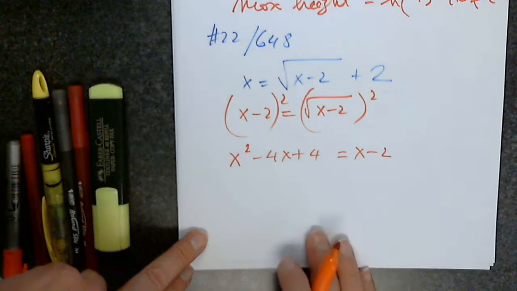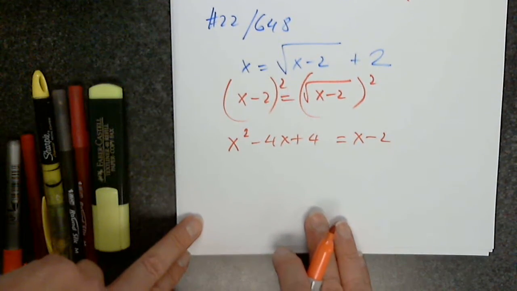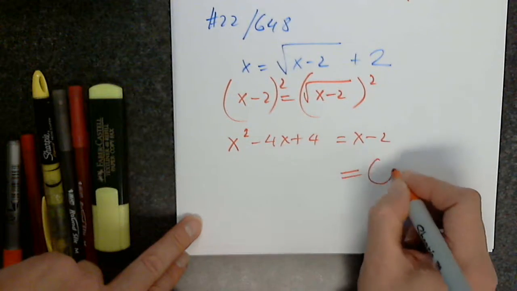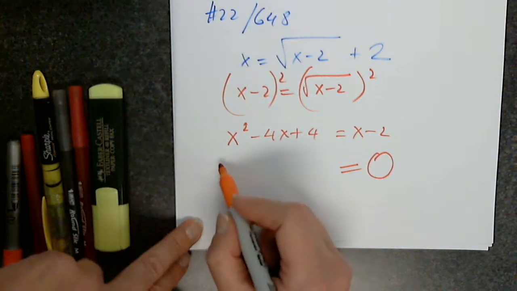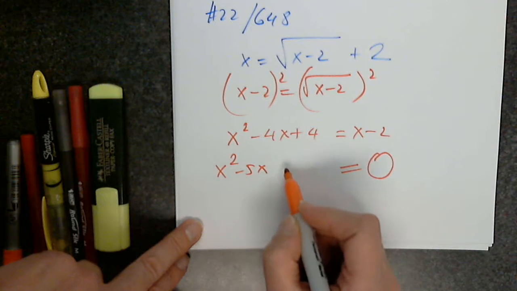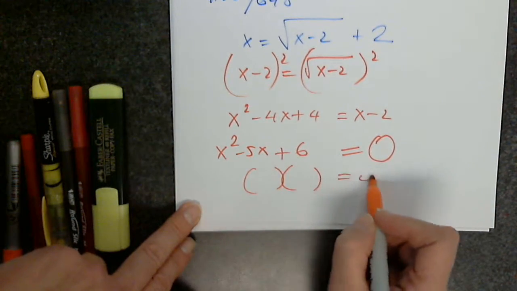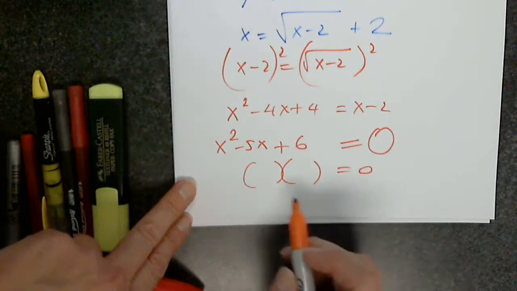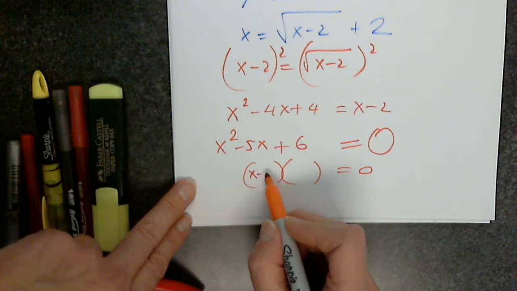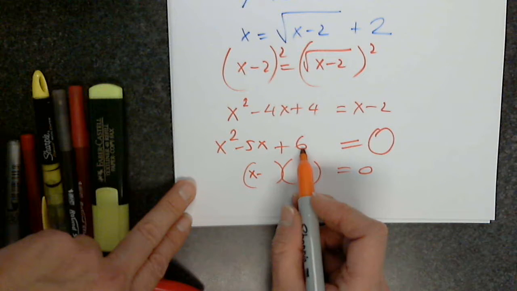Very good. Excellent. Now what? X minus 6. Minus 3.